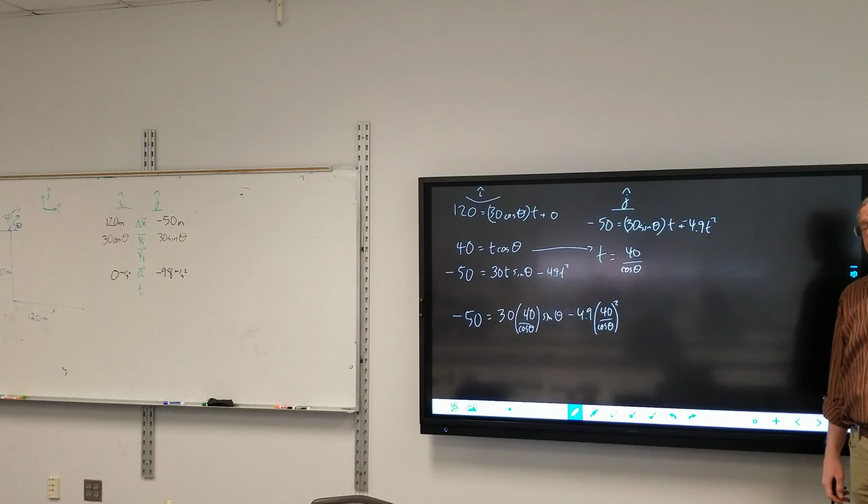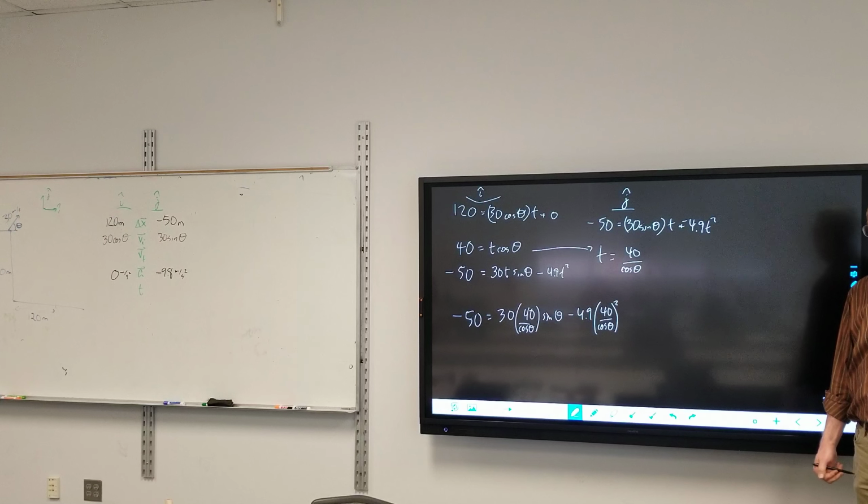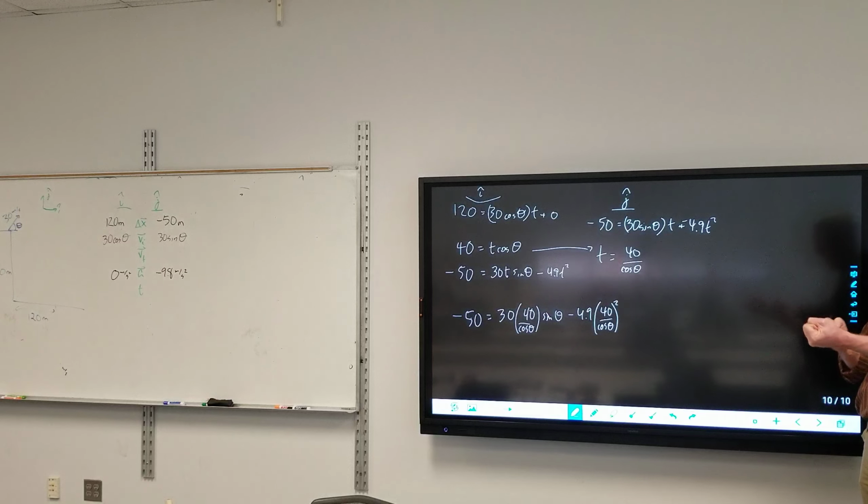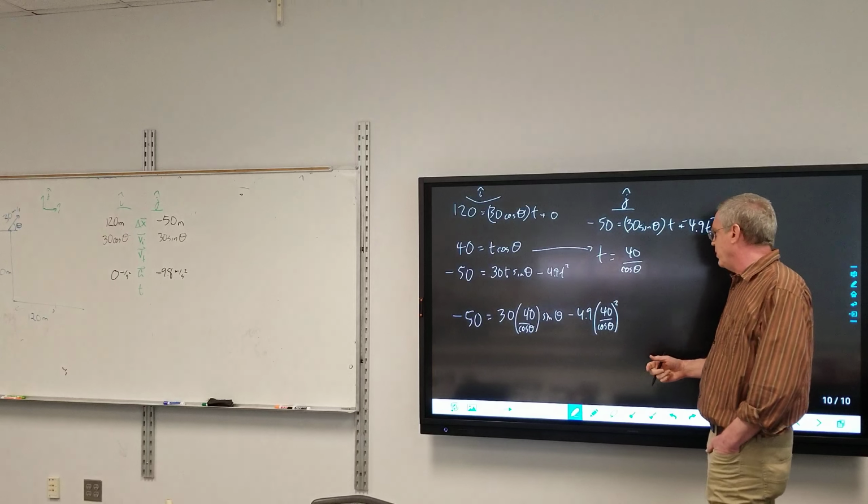I now have an equation with a single variable. Unfortunately, it acts like it's got two variables here because sine of theta and cosine of theta, it's not like I can easily pull the theta away from the sine or the cosine. But let's go ahead and simplify what we can.